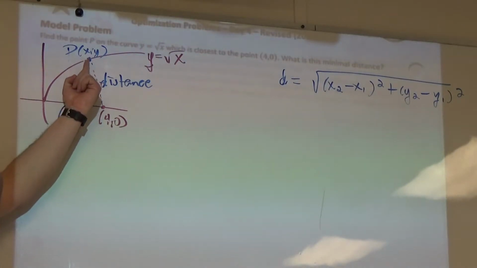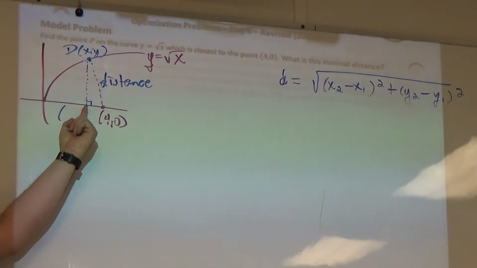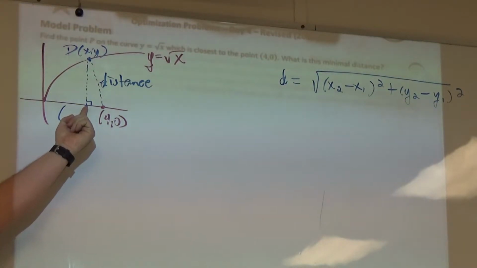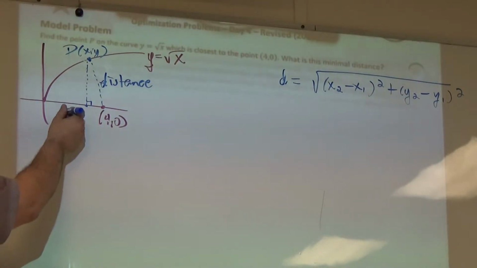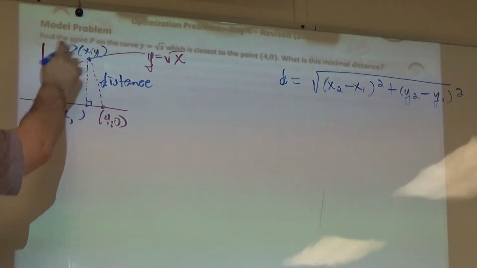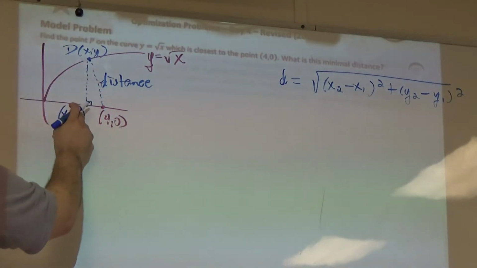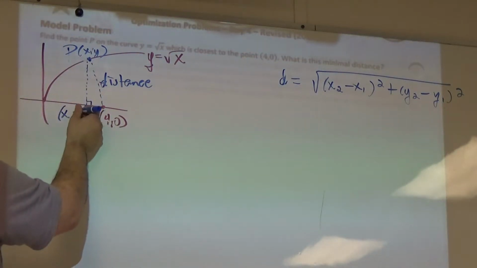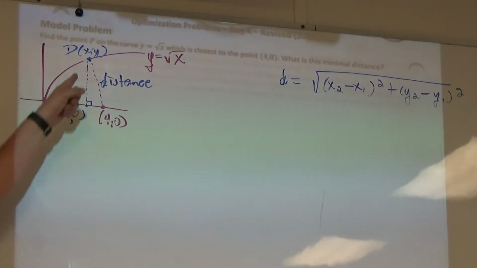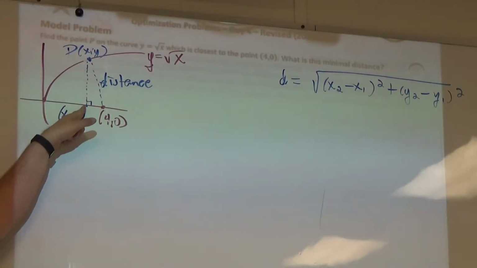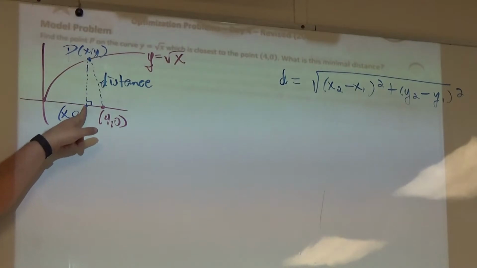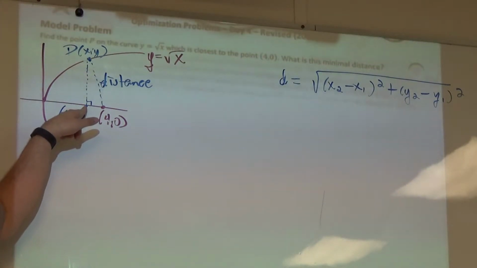I dropped a perpendicular, so it's right down below the point x comma y. The x coordinate is just x, whatever that value of x is. The y coordinate is 0. The reason I dropped this perpendicular was to make a right triangle, because right triangles, I know stuff.